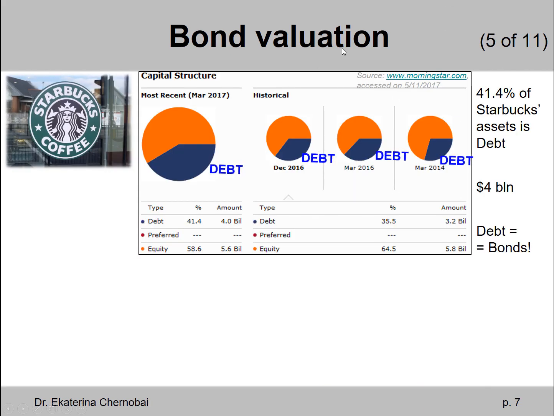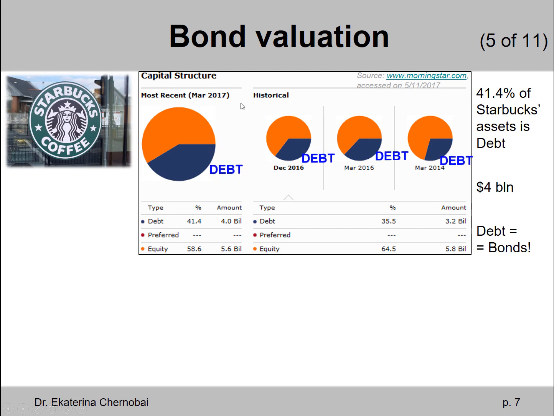So this is also something I found on Morningstar.com. It's also a little bit old, about a year or so old. It shows the capital structure of Starbucks for that time. The orange area reflects what is known as equity, and the dark blue area reflects the amount of debt.